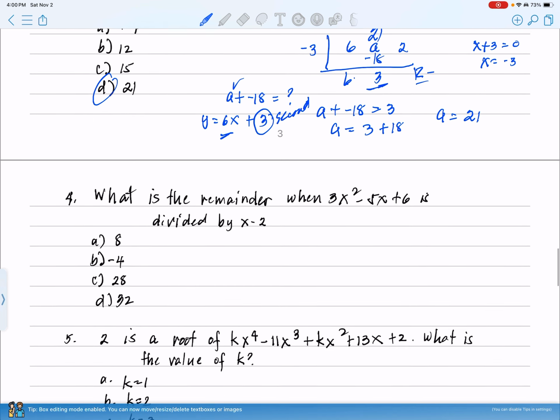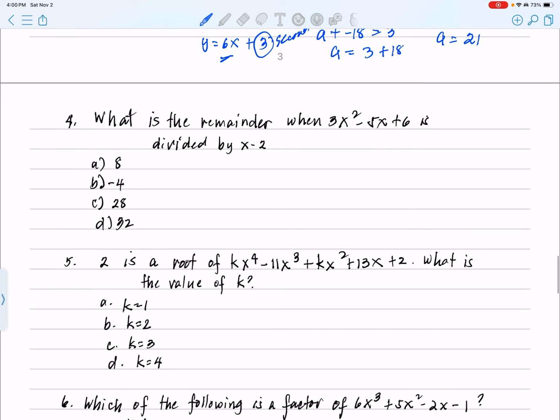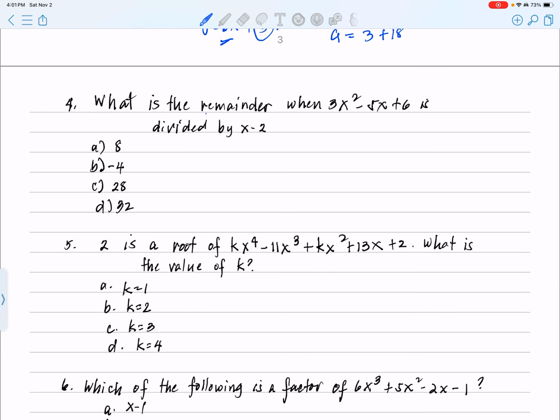Number 4. What is the remainder? So we are talking about the remainder this time. Always remember when we speak about remainder, think about the remainder theorem. When we divide a polynomial f of x by x minus c, the remainder should be equal to f of c.